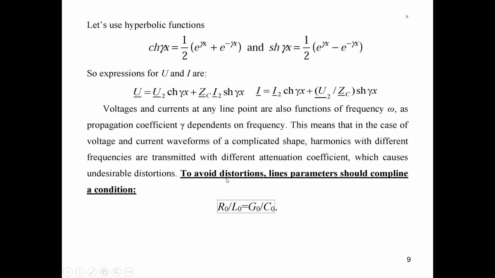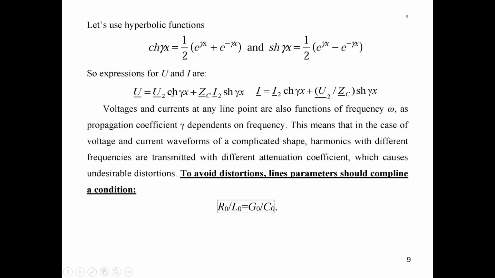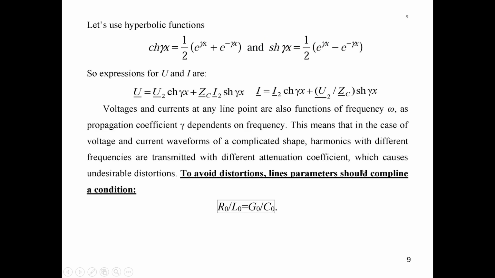So we replace these two summands by u2 multiplied by cosh gamma x. Then you see this item and this item have the same common factor Zc I2, and in brackets it will be Zc I2 over 2 times e to the degree gamma x minus e to the degree minus gamma x, and it is equal to hyperbolic sine of gamma x with this coefficient.